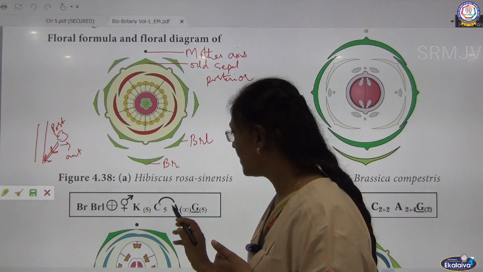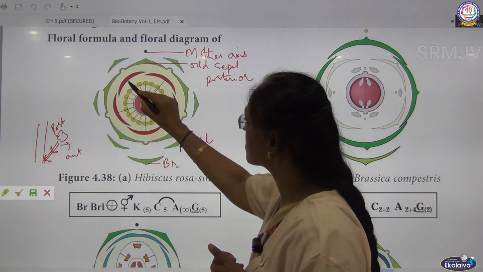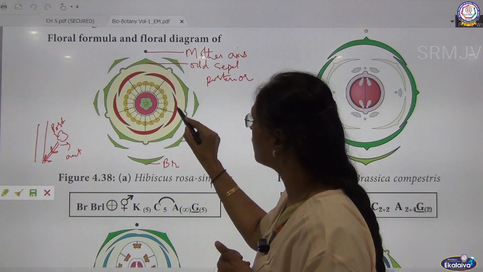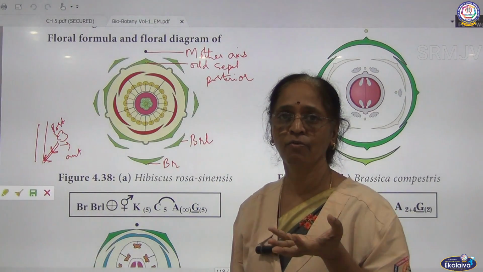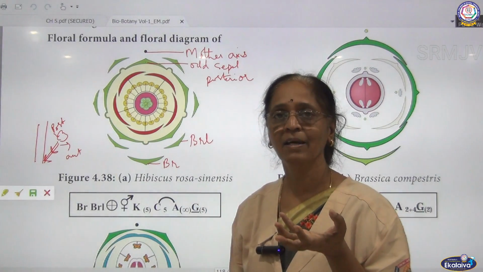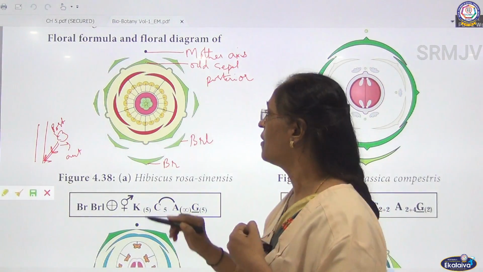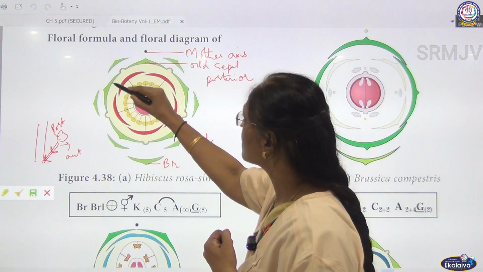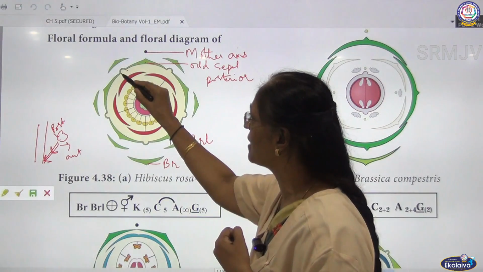Then the next one is corolla. How many are there? 5 are there. So here you can see this is 1, 2, 3, 4 and 5. Again, when we were talking about the arrangement of calyx and corolla, we said that this is what we call estivation. So here you will find this calyx, they don't overlap. These ends are not overlapping each other.